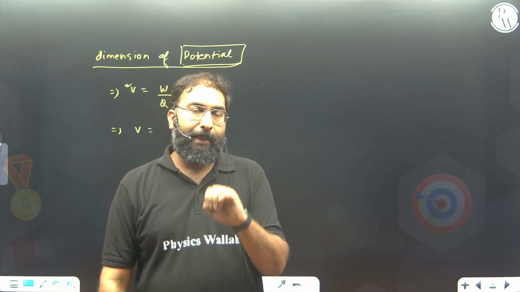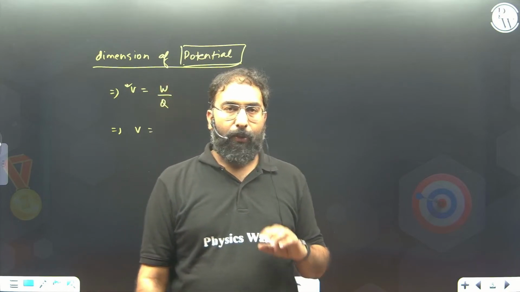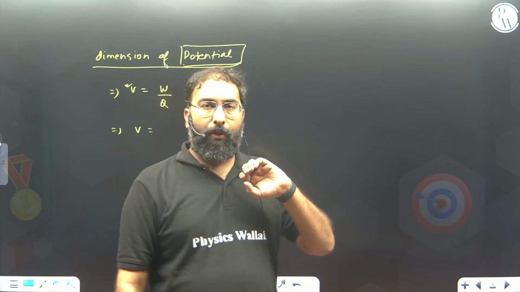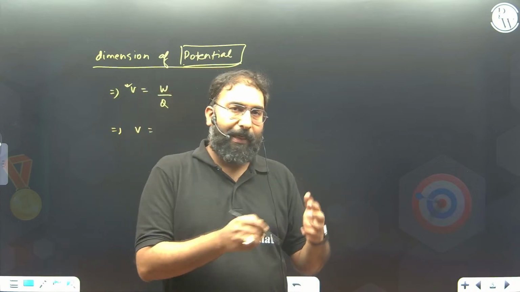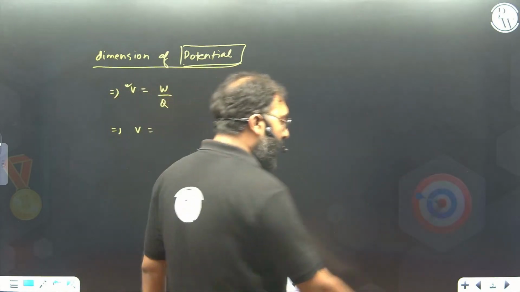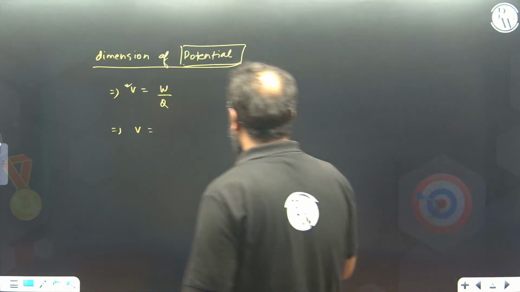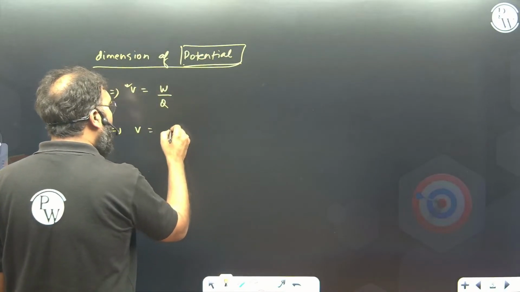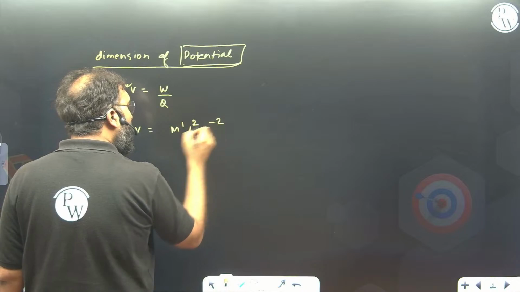So the dimension of work and the dimension of energy will always be the same. They represent the same thing, energy. We have already written the dimension of energy in the previous slide, and that was M^1 L^2 T^-2. So work done has the same dimension, M^1 L^2 T^-2.